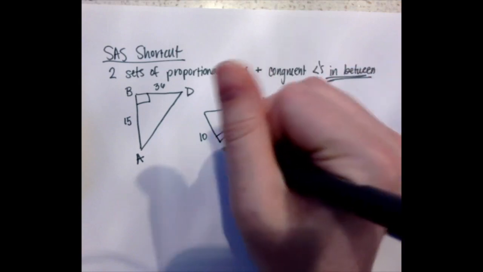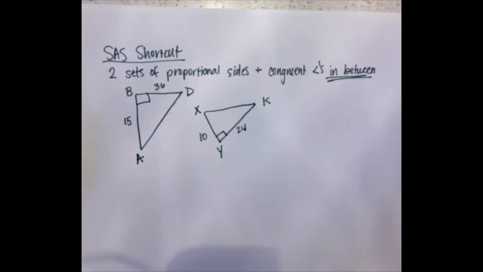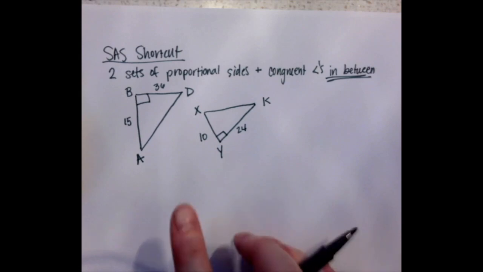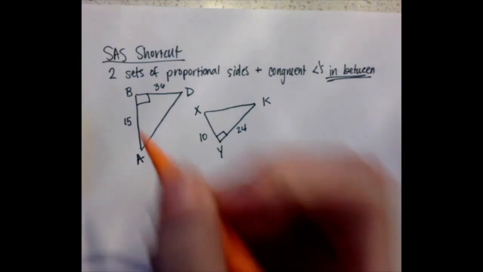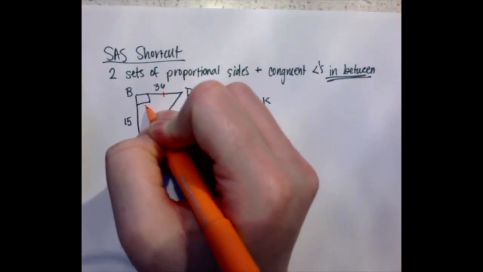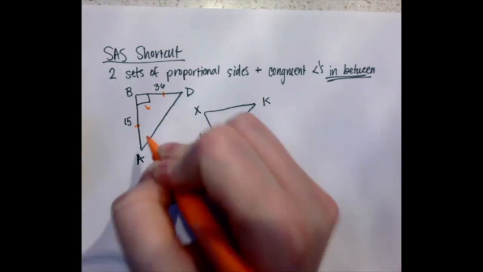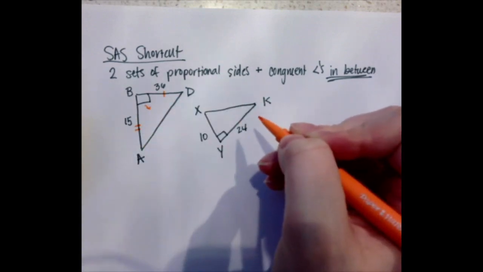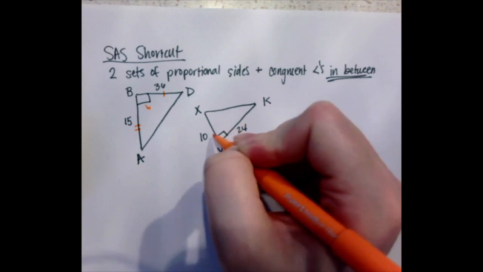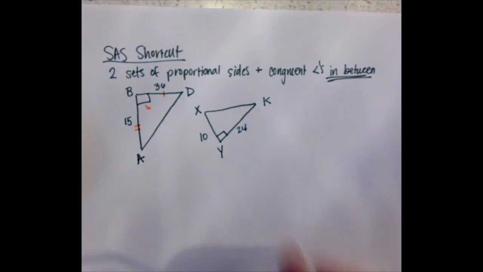And then we have K, Y, X. So now looking at this, I don't have all three sides, so I know I can't use side, side, side. And I'm only given one angle, so I can't use angle, angle. And so side, angle, side is talking about a side, the angle in between, and then another side. And this one also has a side, an angle between, and another side. So it has to be in that order all together.